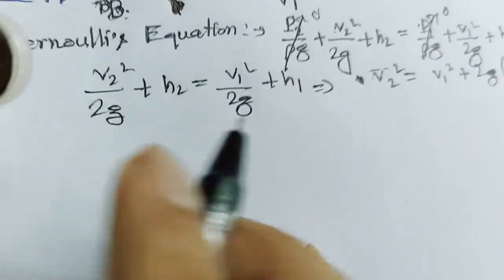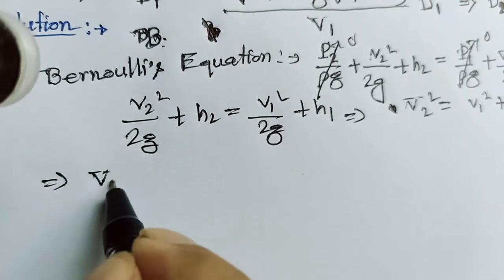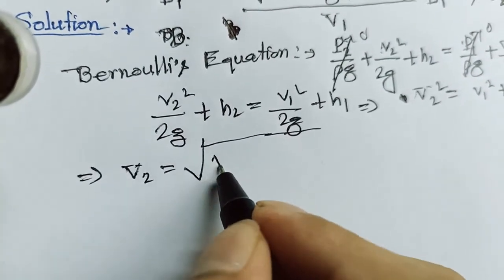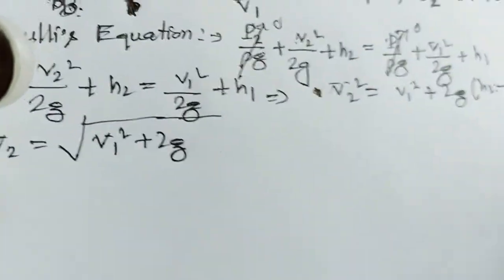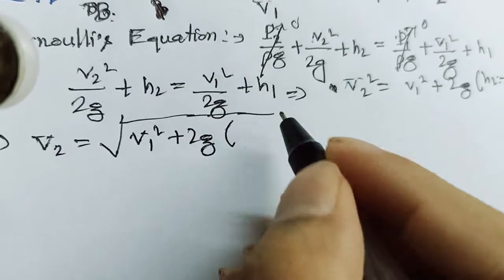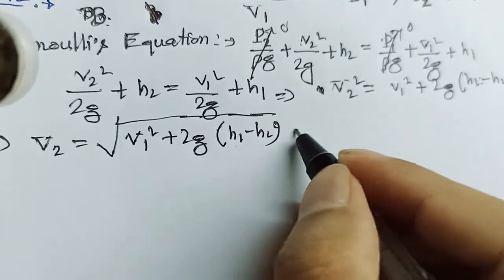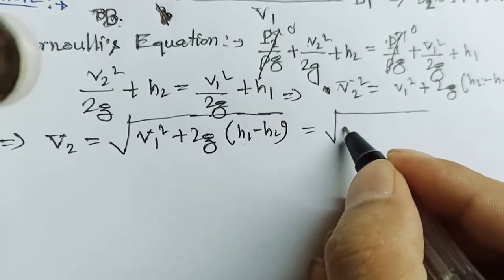So our value of V2 is equal to under root of V1 square plus 2g into (H1 minus H2).